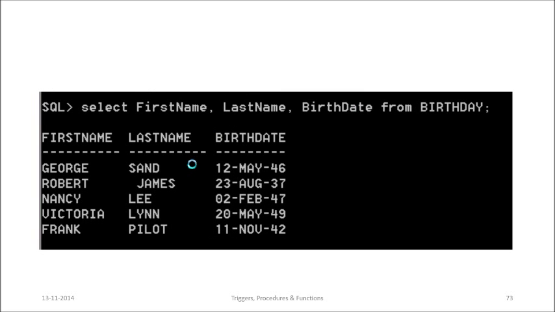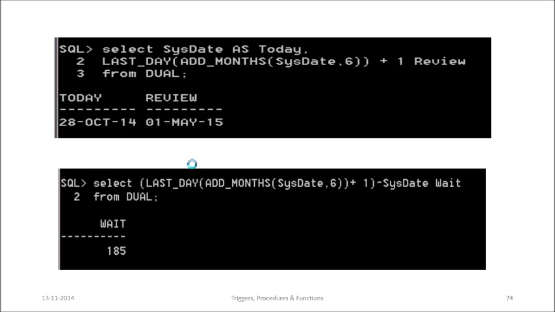Again we have considered a birth date table where first name, last name and the birth date are taken, and here we have combined two or more functions. For example, here we have combined both the LAST_DAY function and the ADD_MONTHS function. But firstly the ADD_MONTHS function is executed because it is inside the braces, and before that the SYSDATE function is executed.